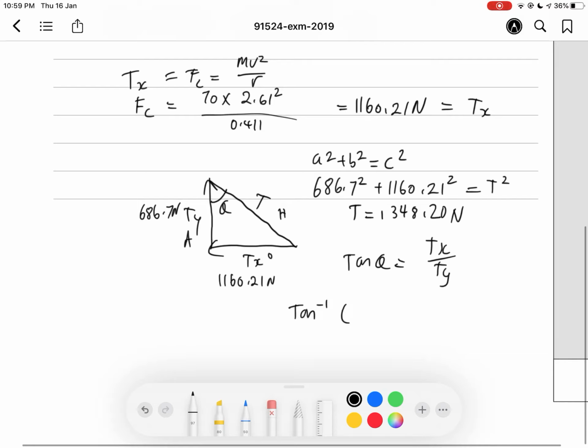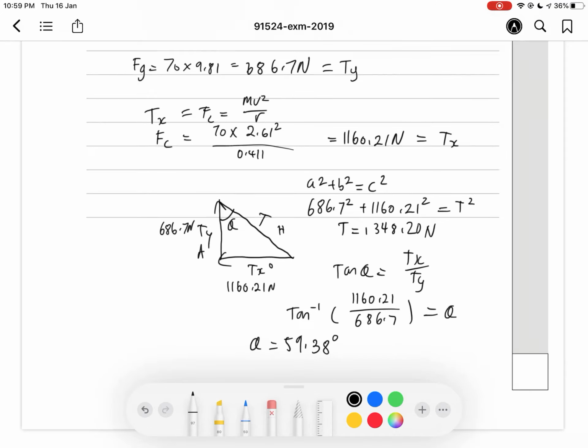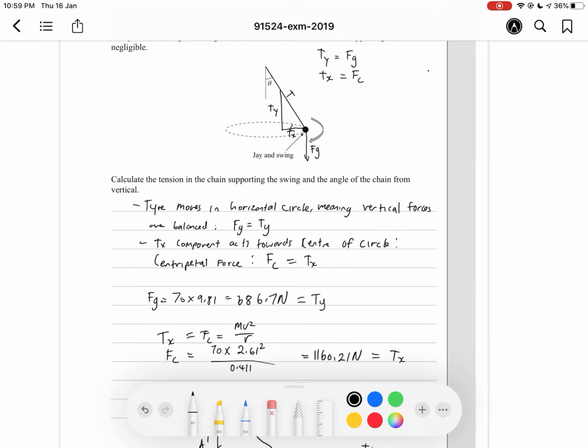Therefore, theta is the inverse tan of 1160.21 over 686.7, and we can use degrees for this one. That gives an angle of 59.38 degrees.